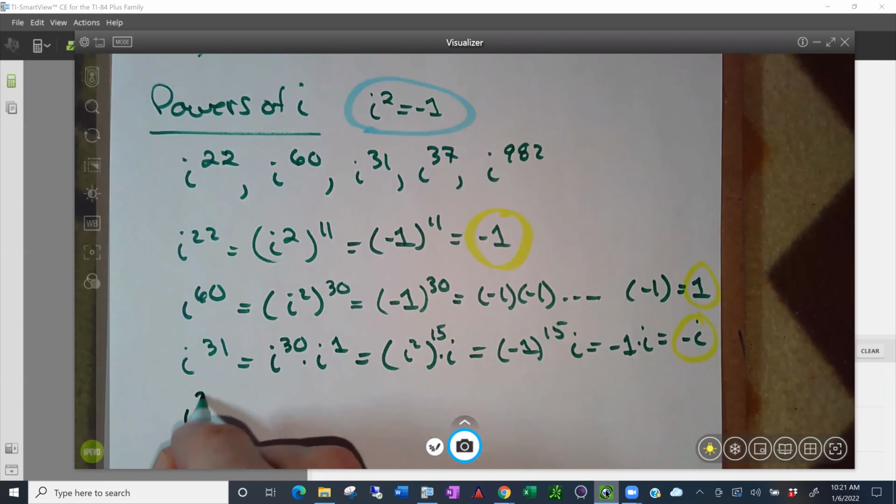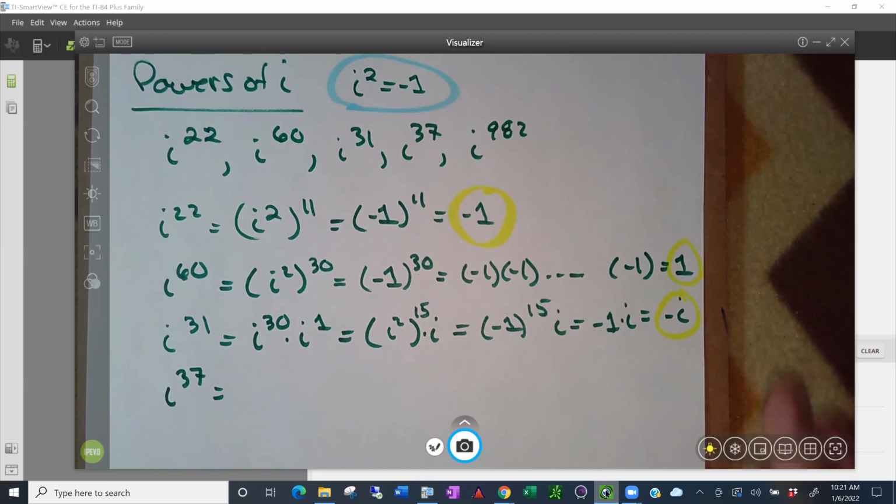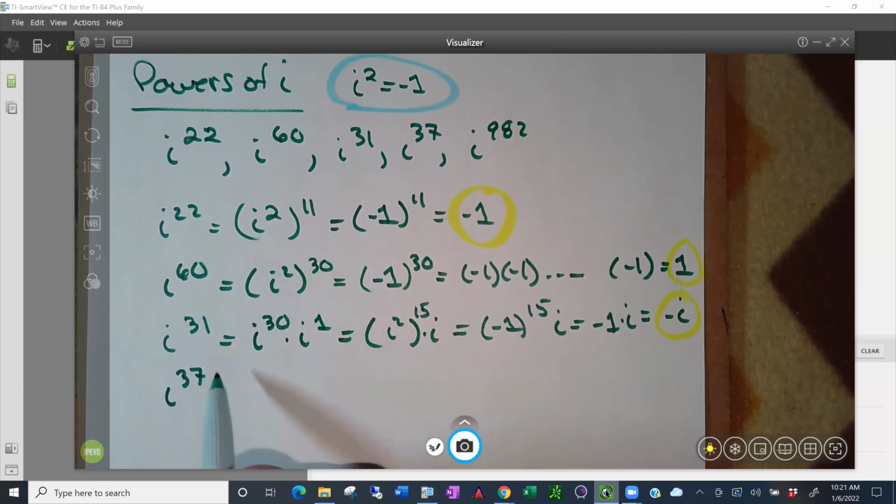Let's try i to the 37th. Here again, running the same problem that we did before. And that is, this is odd. I can't just write it as i squared to some power because 2 doesn't go into this evenly. So like the last one, I'm going to split off one of those i's.